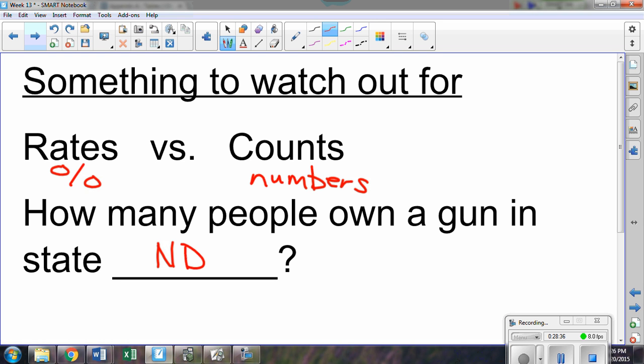How many people own a gun in California? How many people own a gun in Texas? Well, North Dakota has 750,000 people. And when we look at Texas, Texas has what, about 40 million people?